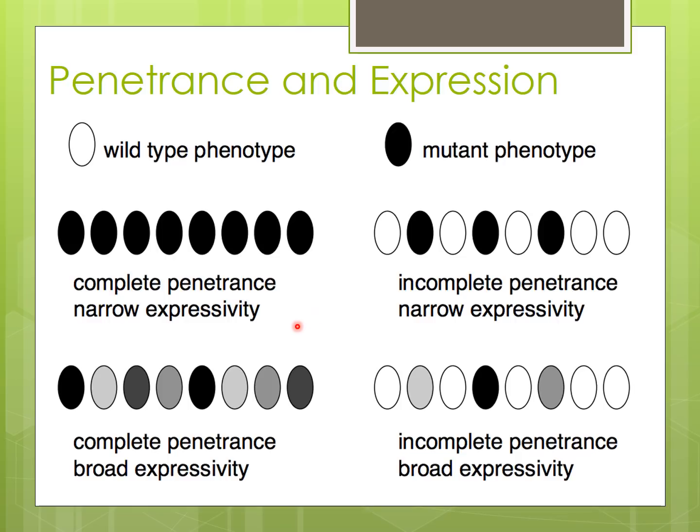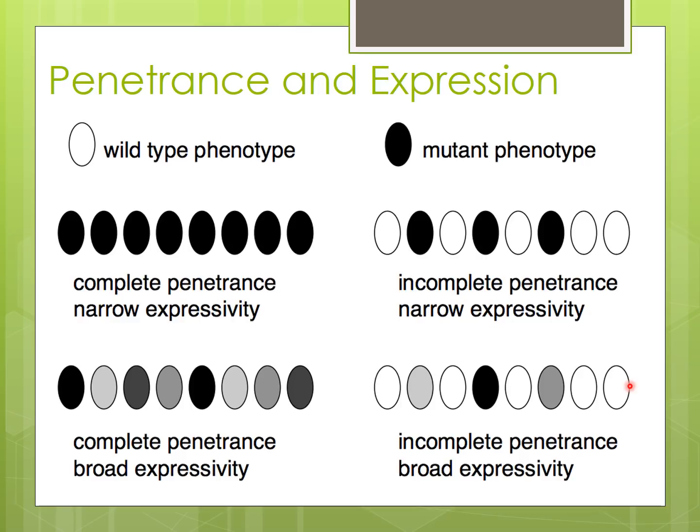Conversely, down here we have complete penetrance, similar in this sense, where all these individuals are showing some level of disease state, so the disease is completely penetrating. And we also have incomplete penetrance, similar to above, where they are not all being affected. Some individuals are not showing the disease.